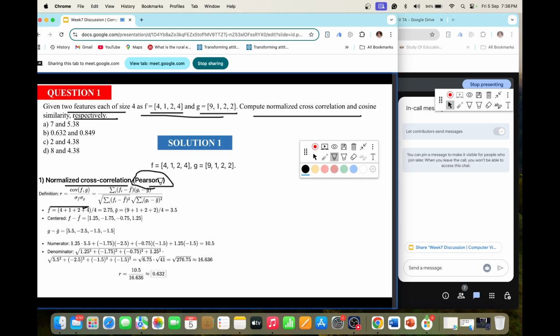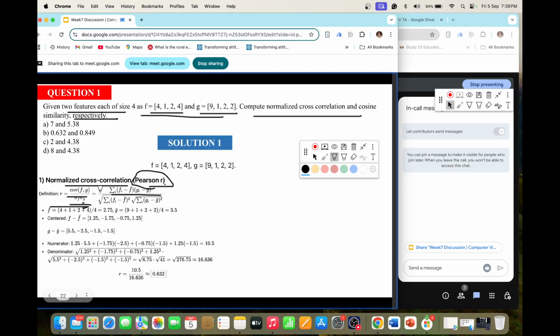The formula is covariance fg divided by sigma f, the standard deviation of f, times the standard deviation of g. The covariance of fg is the sum of (fi minus f mean)(gi minus g mean), times 1 by n. Since we have root over 1 by n from each standard deviation, root over 1 by n times root over 1 by n gives 1 by n.